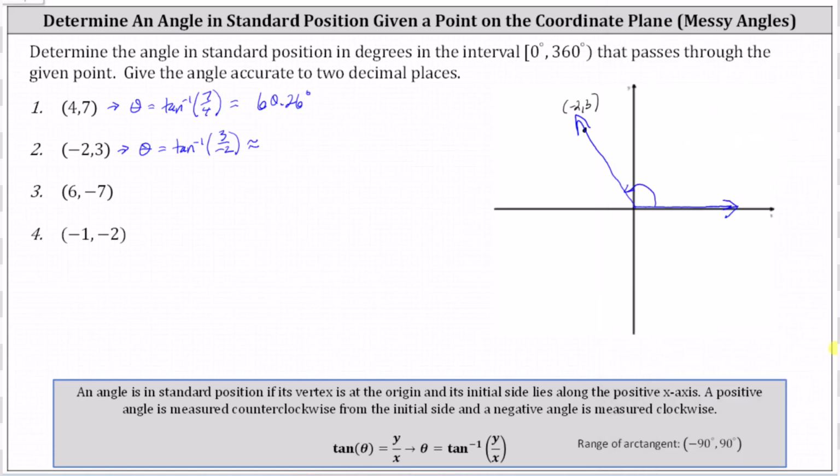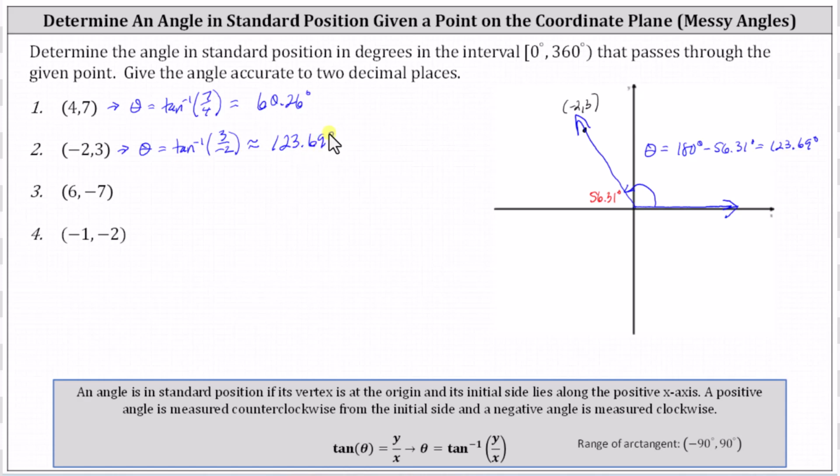Again, we can recognize the reference angle, this angle here, is approximately 56.31 degrees, which means the angle theta would be equal to 180 degrees minus 56.31 degrees, which equals 123.69 degrees. This is the angle theta we are looking for.